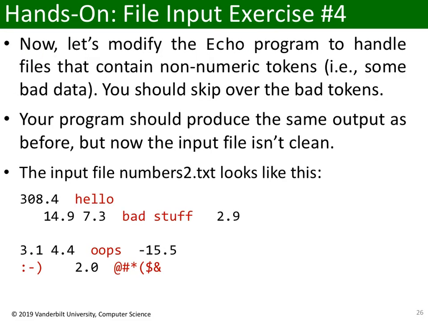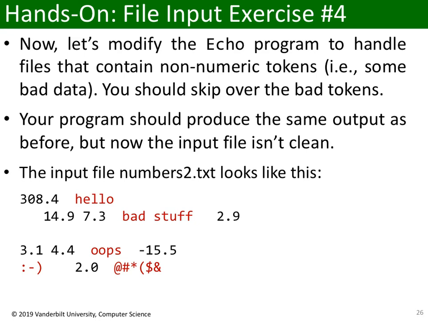But notice that's still not necessarily exactly what we want, because maybe there's words mixed in. So 308.4, hello, 14.9, 7.3, bad stuff, 2.9. In this case, as soon as the input pointer looks at the token hello, it will return false when we call the method hasNextDouble.